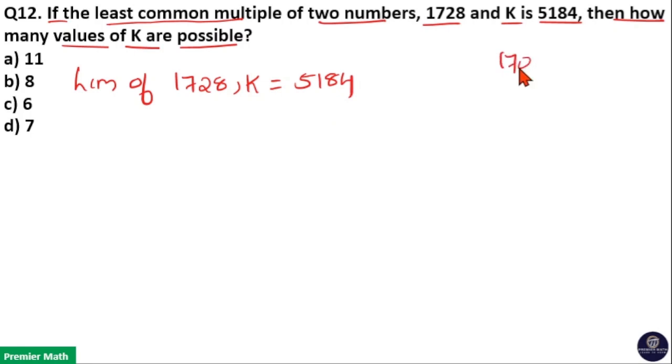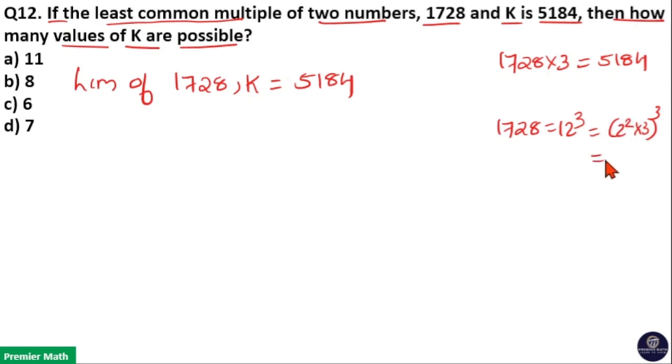Here 1728 into 3 is equal to 5184, and 1728 is equal to 12 cube. 12 cube is equal to 4 into 3, the whole cube. And if you take prime factors, 4 can be written as 2 square, which means the prime factors of 1728 are 2 raised to 6 and 3 cube.